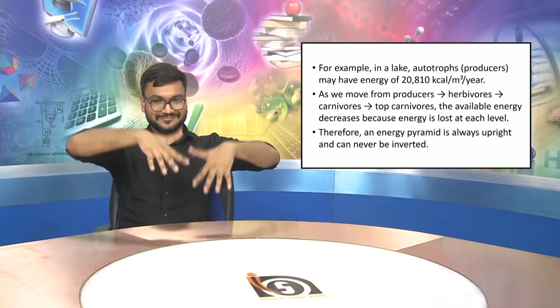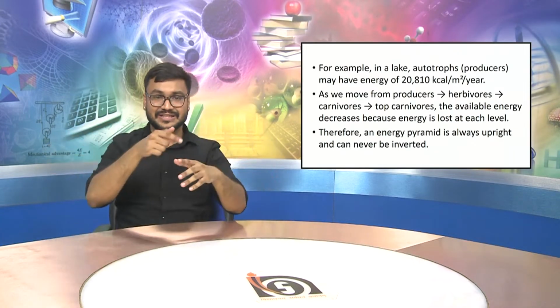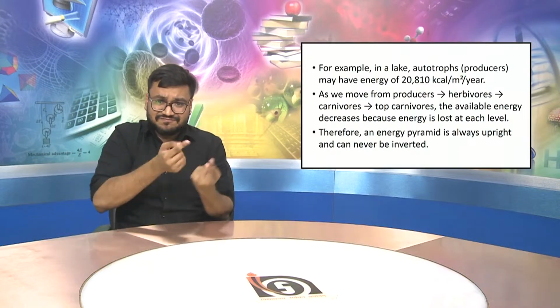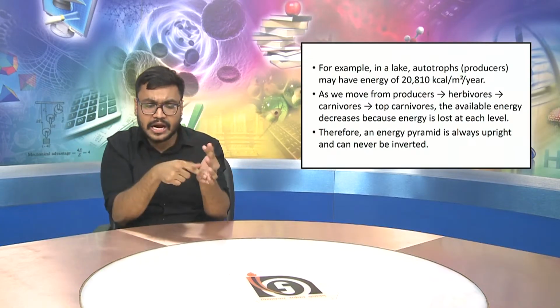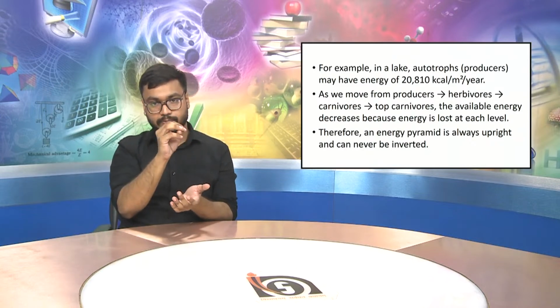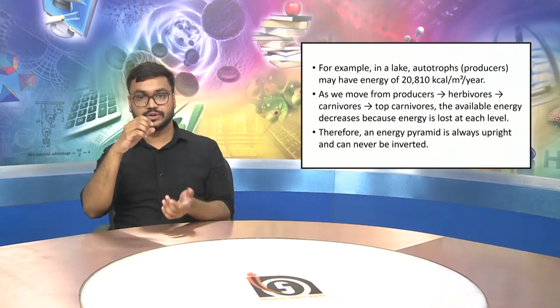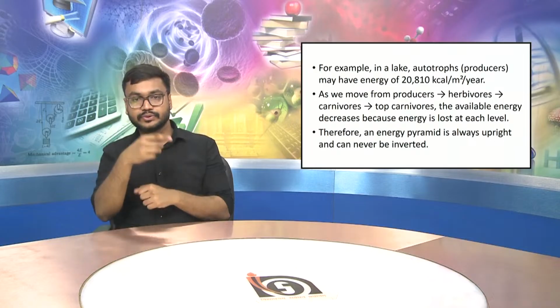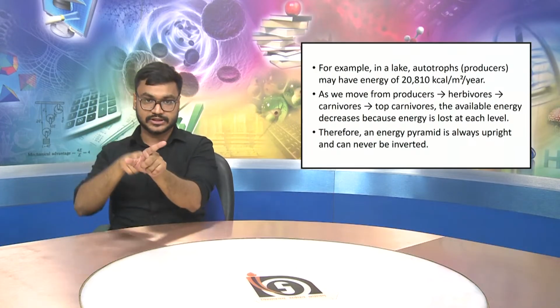For example, in a lake, autotrophs, or we can call them producers, may have energy of 2810 cal per area per year.